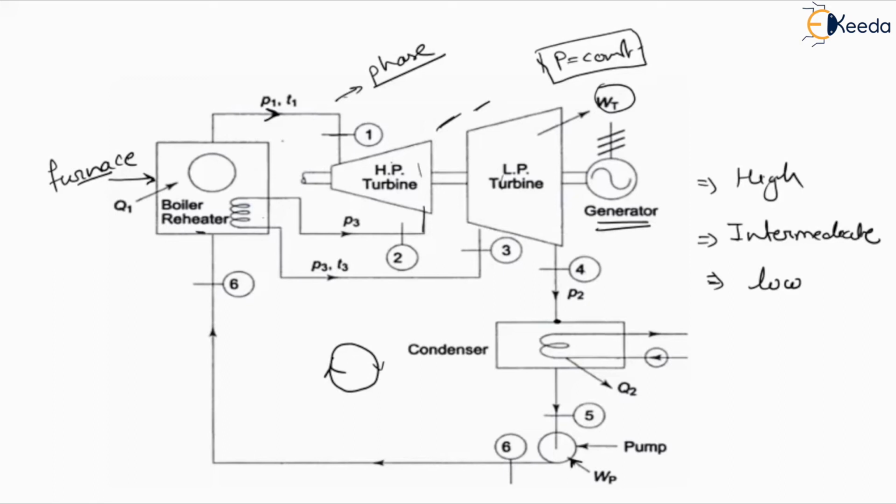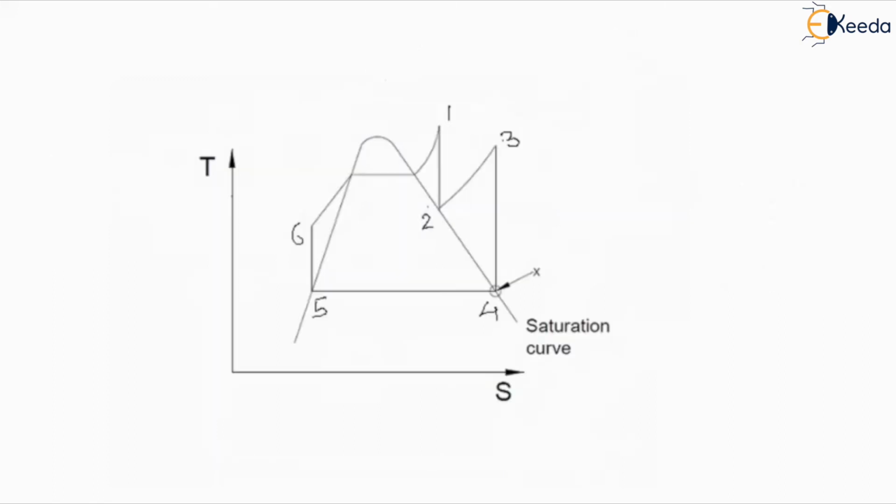But if we draw the TS diagram here, this will be the TS diagram of the reheat cycle. Or if we talk about the steam turbine, if we are applying the concept of reheat, that will be defined as a reheat steam turbine.